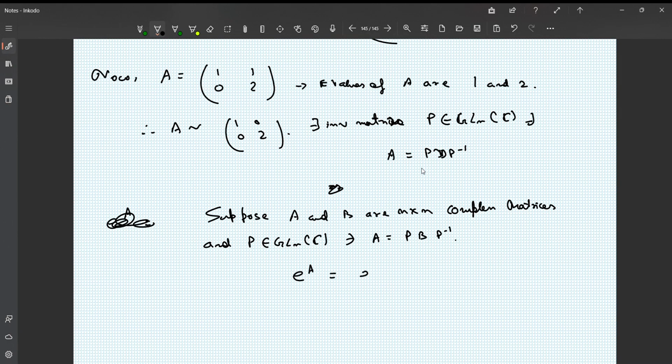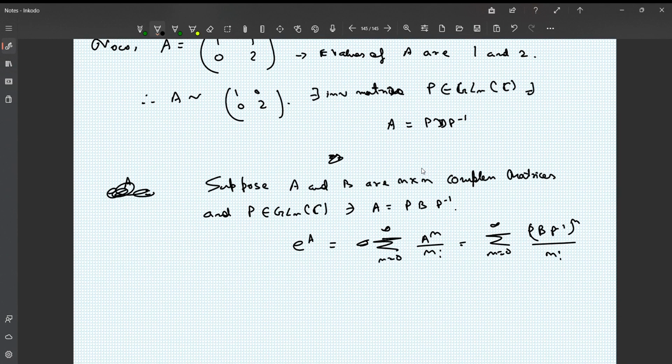So e to the power A is, by definition, summation n equals 0 to infinity A to the power n by n factorial. But we can replace A to the power n by (P B P inverse) whole to the power n. So it becomes summation n equal to 0 to infinity (P B P inverse) whole to the power n by n factorial. It's obvious that (P B P inverse) to the power n is P B to the power n P inverse.